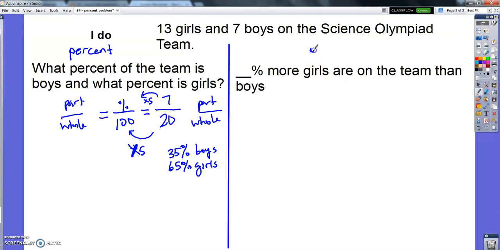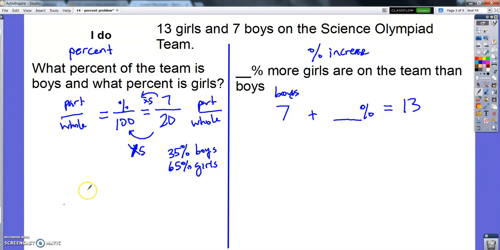The percent increase or decrease problems are a little more complicated. So here, what percent more girls are on the team than boys? Basically, I'm saying I have 7 boys plus some percent that I don't know equals my 13 girls. So there's 7 boys. What percent more of 7 is 13?